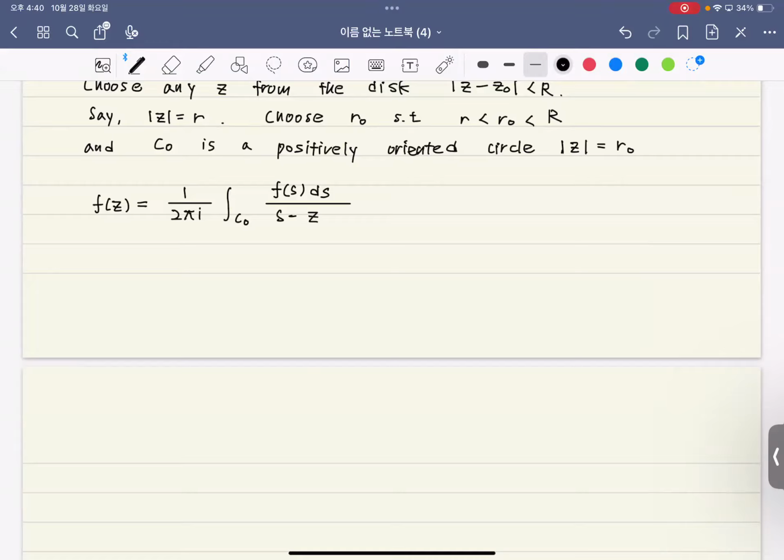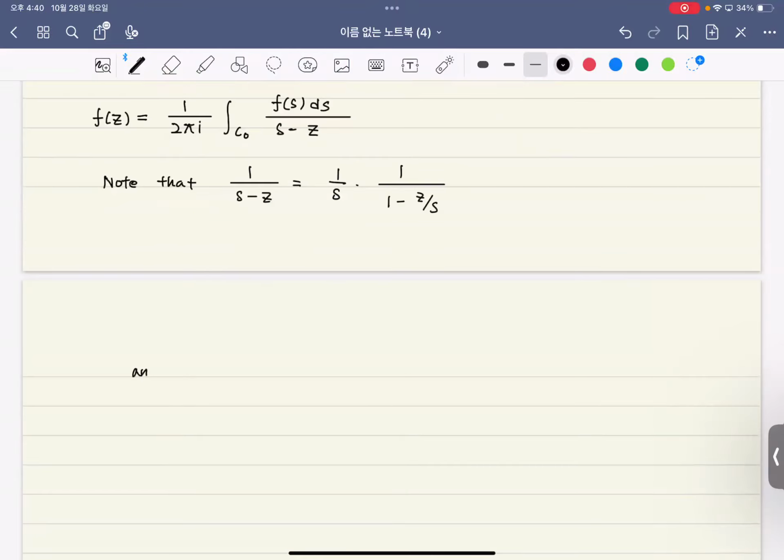Now I'm gonna play a little trick over here. 1 over s minus z is just 1 over s times 1 over 1 minus z over s.